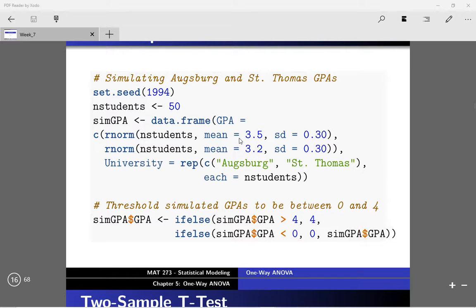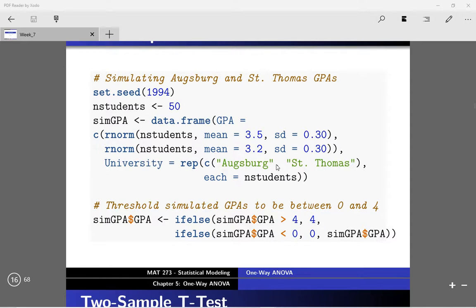Okay. And then using those extracted colors, I'm, well, not yet. First, I'm simulating GPA values for students because I don't actually have real data on student GPAs at Augsburg and St. Thomas. So again, you don't need to know how to do this. I was just showing this in case any of you are interested for fun.